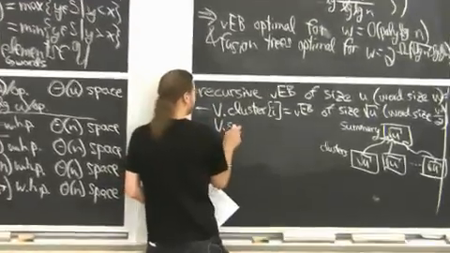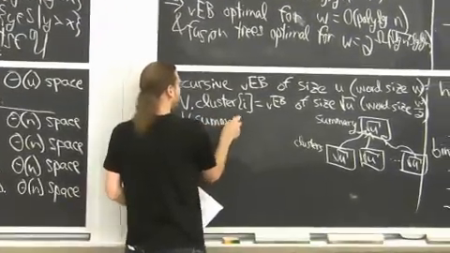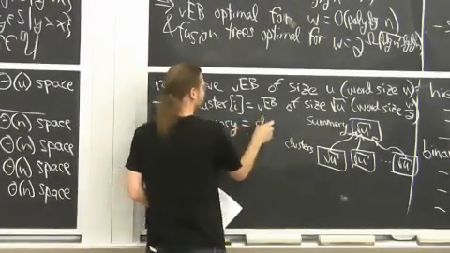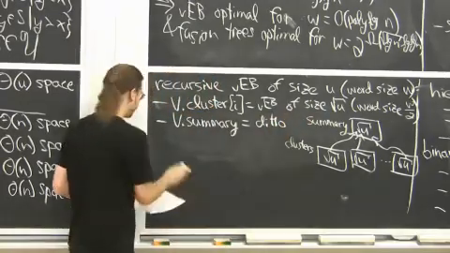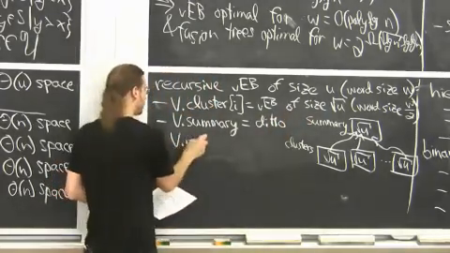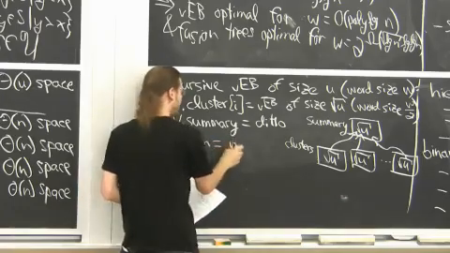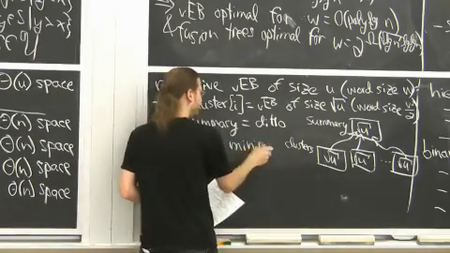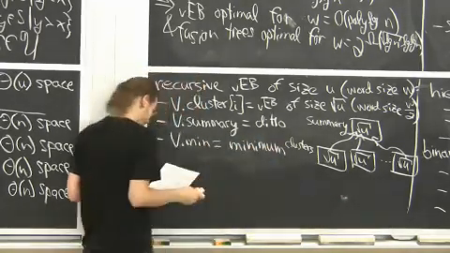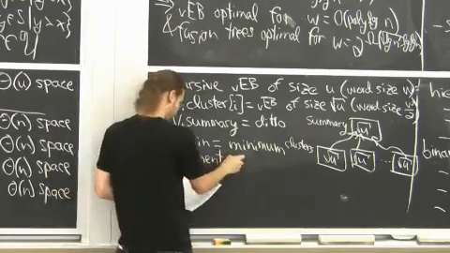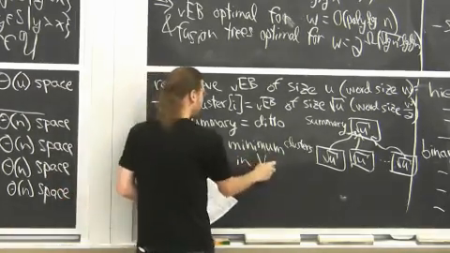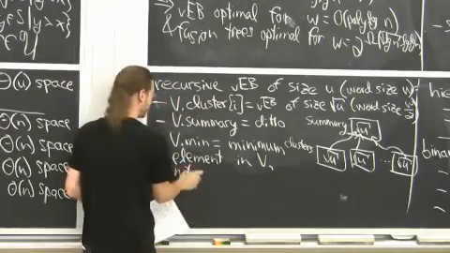Okay, and then v.summary is the same thing. It's also a van Emde Boas thing of size root u. Then the one other clever idea, which makes all of this work, is that we store the minimum element in v.min. And we do not store it recursively.